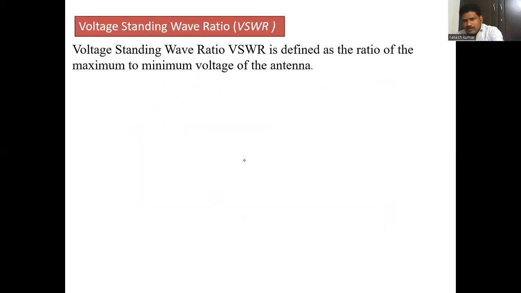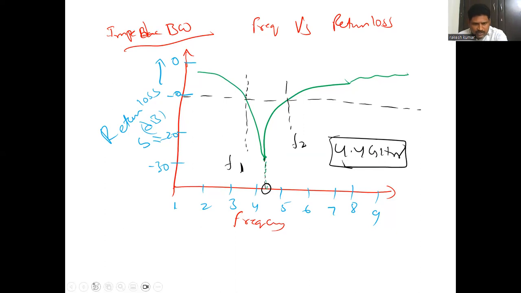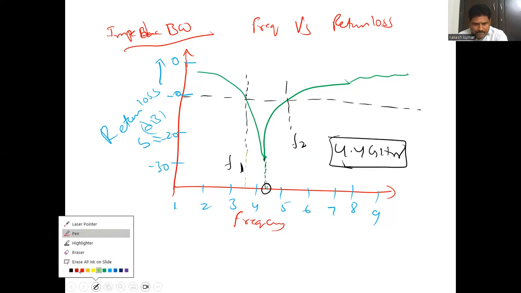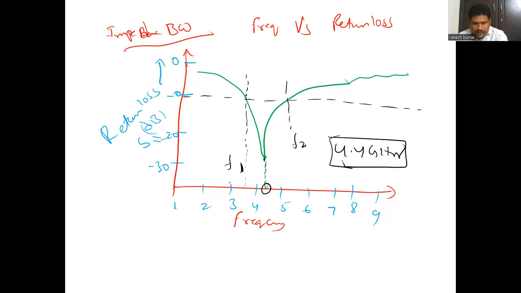The F1 value is 3.5 gigahertz and the F2 value is 5.2 gigahertz.